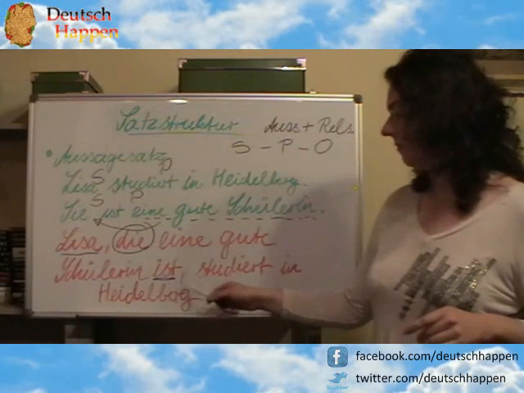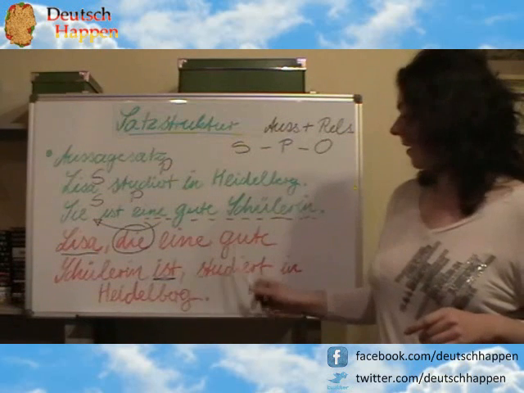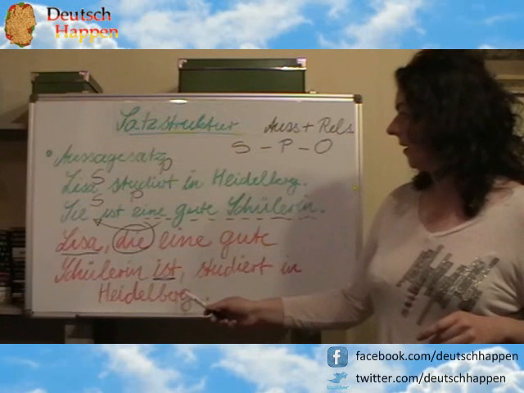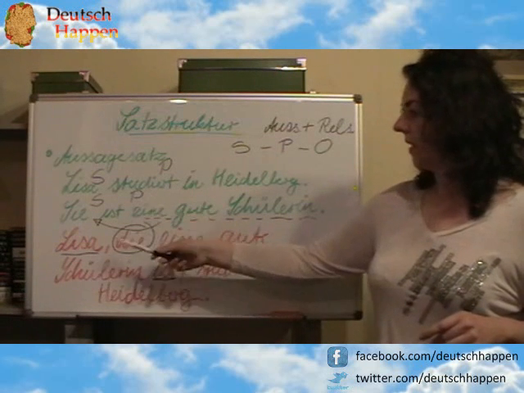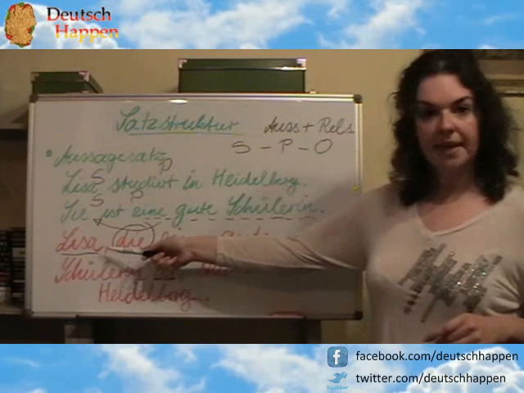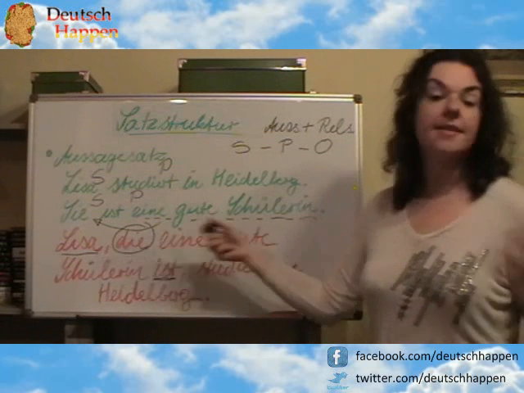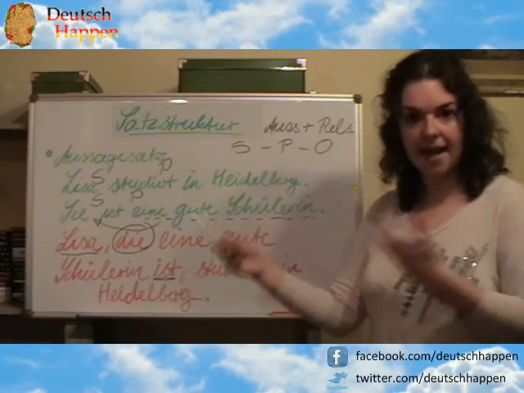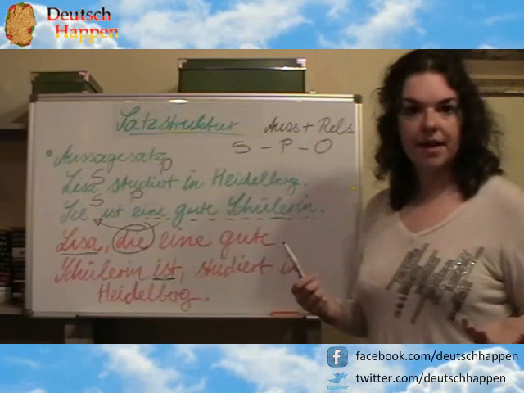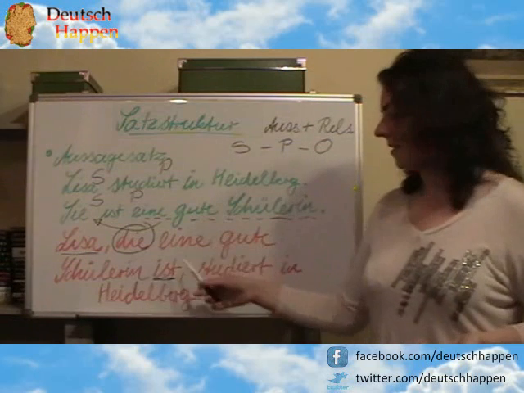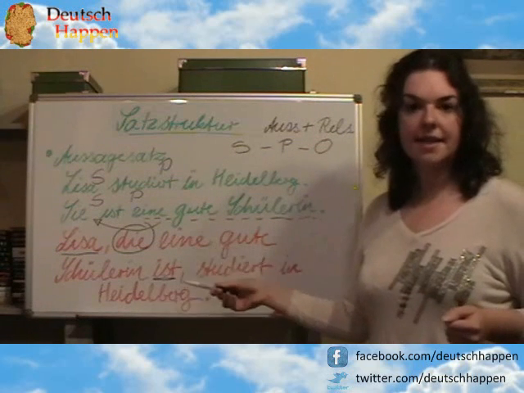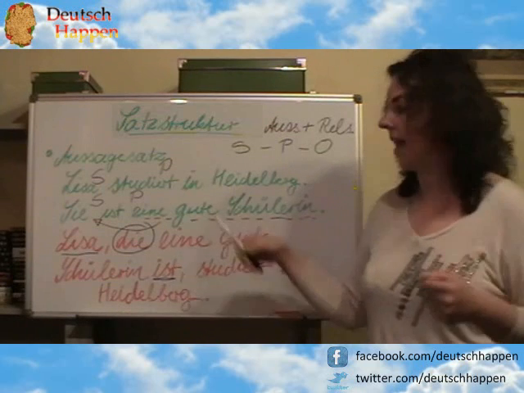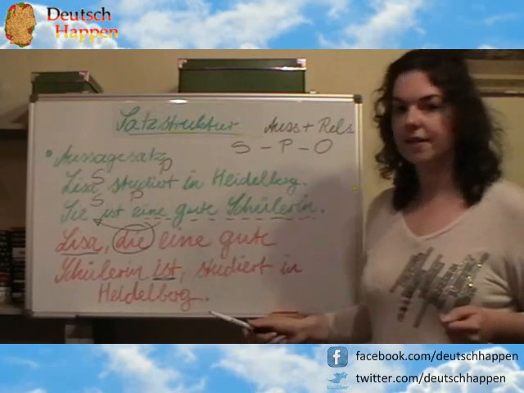And then, comma, studiert in Heidelberg. So, of course, we don't have to repeat Lisa or sie again. This is the nice thing about relative clauses. I can eliminate unnecessary repetitions, and this is why I get a longer and more elegant sentence, if you will, than the two short individual ones.